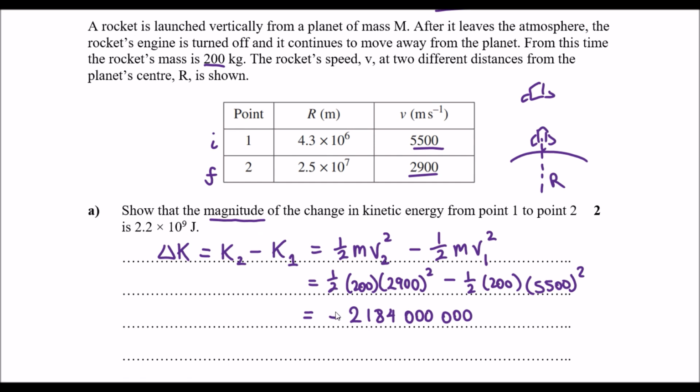So it doesn't really matter about the negative sign here, but what we can write is, as a consequence, if we round it off to two significant figures, it is 2.2 times 10 to the power of 9 joules of energy. The reason why it's negative is because that energy is being converted into gravitational potential.